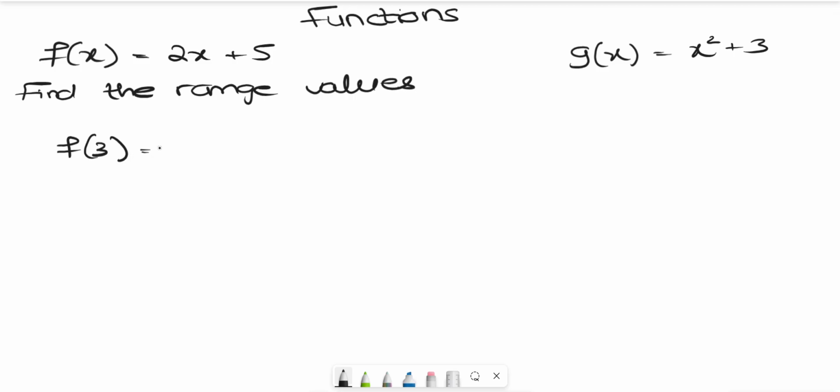What we mean is what is going to be the range when the value of the domain is 3. So we'll input 3 in place of x. 2 into 3 plus 5 gives us 11. We can write f of 3 equals 11. Understand?